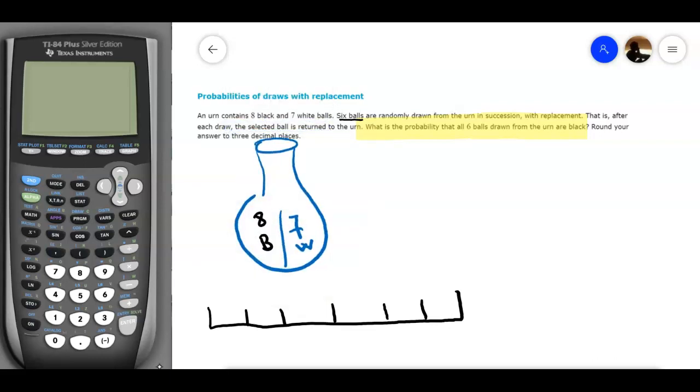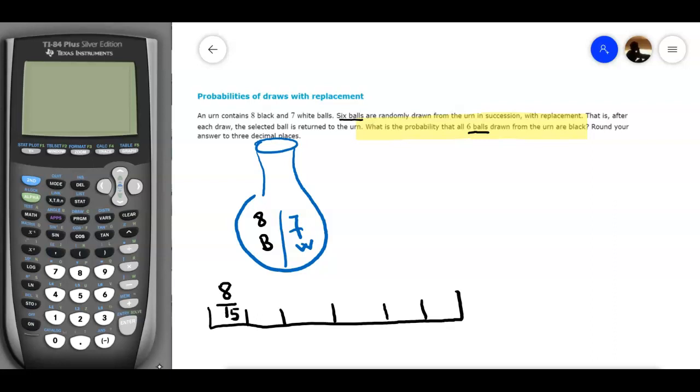And then what's going to happen here? For the first selection, you want a black, right? So remember, you're selecting a black ball. What are the chances of selecting a black ball out of this? We have 8 chances out of the total, which is 8 plus 7, that is 15.